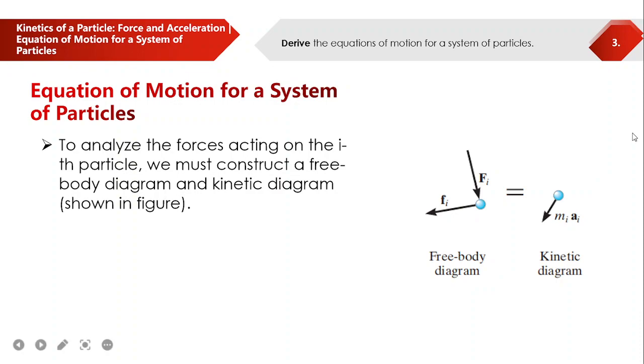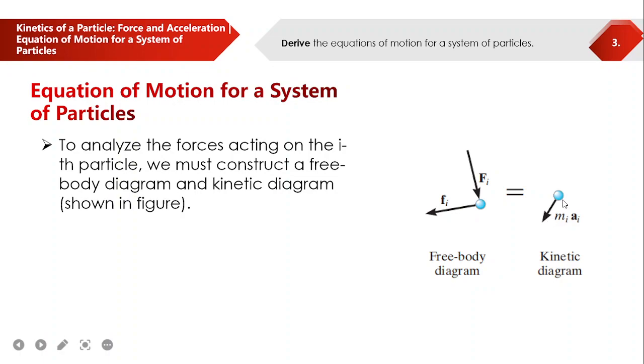Ito lang talaga yung ith particle natin. After we remove it, ito pala yung free body diagram niya. Dalawang forces na nag-act, as we discussed earlier: your external force, capital letter F sub i, and your internal force, small letter f sub i. This is your free body diagram, and your kinetic diagram will be this one.